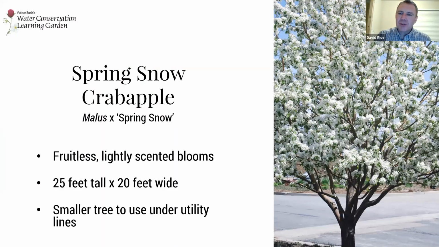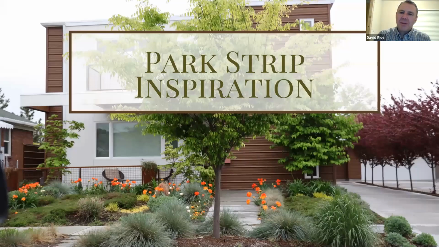Now, before I move on from trees, you may be familiar with a flowering pear, some of those. You can use those. Some trees are just so commonly used, they're not found on these lists anymore. They're starting to have problems, or they're just so common. They're trying to get some plant diversity. When you have plant diversity, oftentimes you have less bug and pest problems, blight problems, viral things.